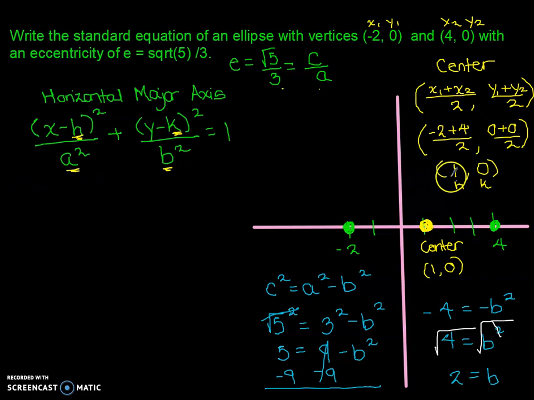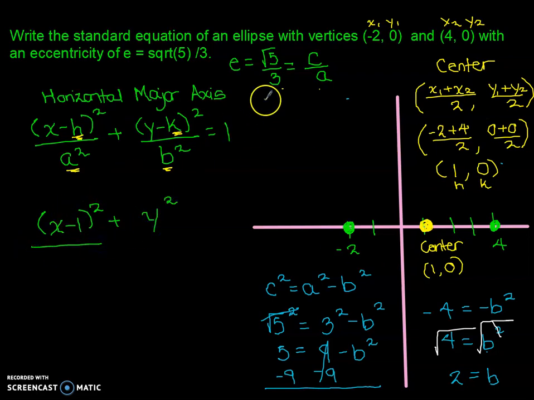So filling in everything that we know, h, k, a, b, we have x minus 1 squared over a squared, a is 3, plus y minus 0 squared over b squared, b is 2, equals 1. Now, y minus 0 is going to give you y, so you can just write this as y squared.